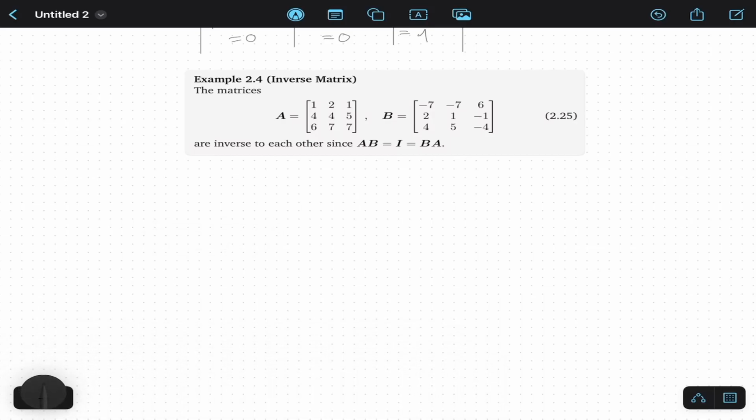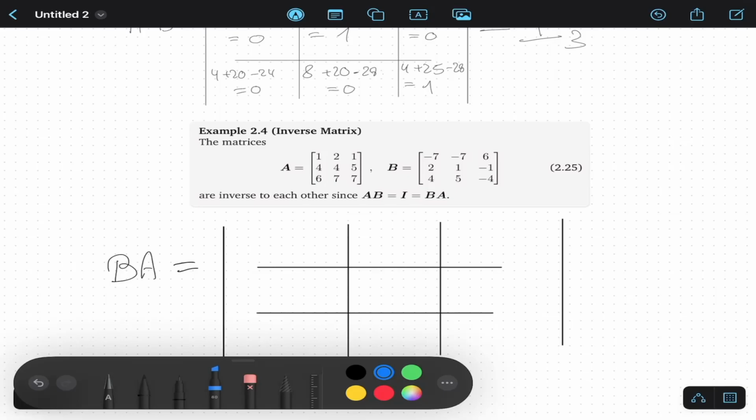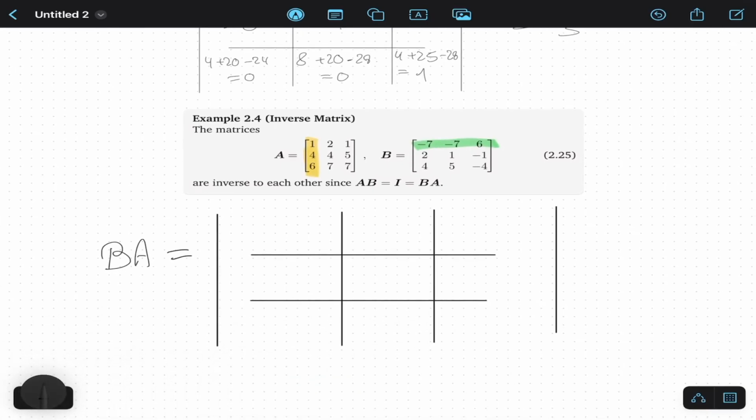Okay, this time B times A. B times A. So let me put the color in. Okay, what do we have here? Minus 7, and then minus 28, minus 36.